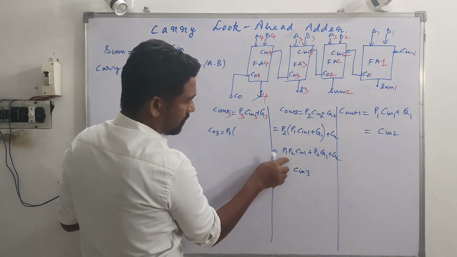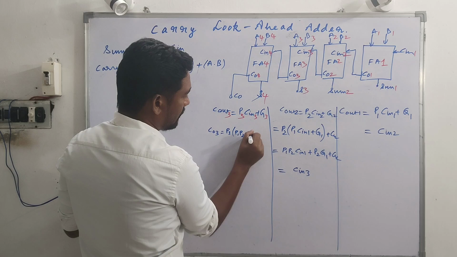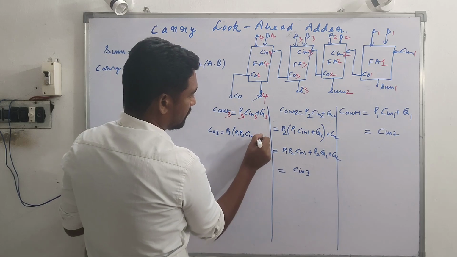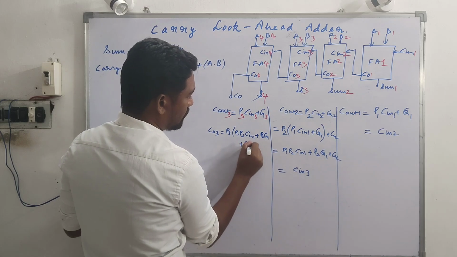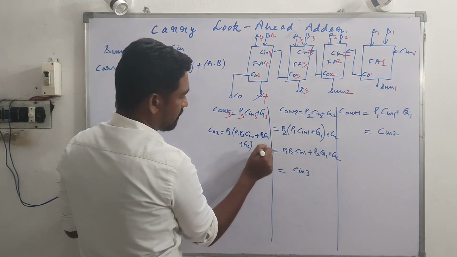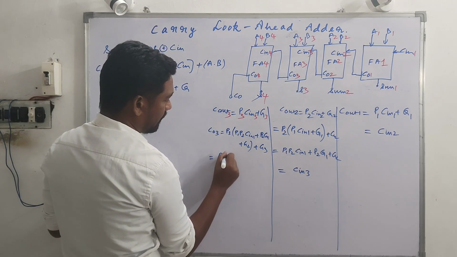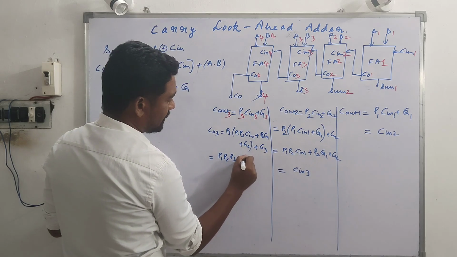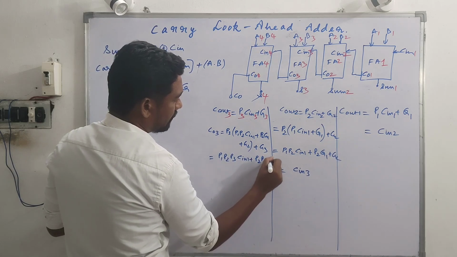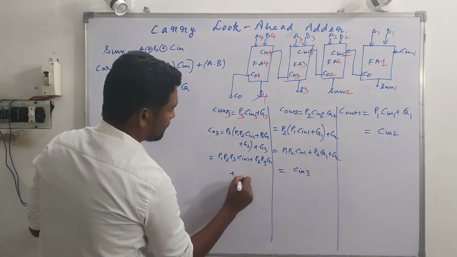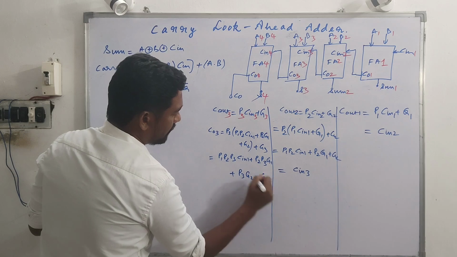In the place of C in 3 we're going to plug in P1 P2 C in 1 plus P2 G1 plus G2, plus G3 as it is, which is P1 P2 P3 C in 1 plus P2 P3 G1 plus P3 G2 plus G3, opening this one.